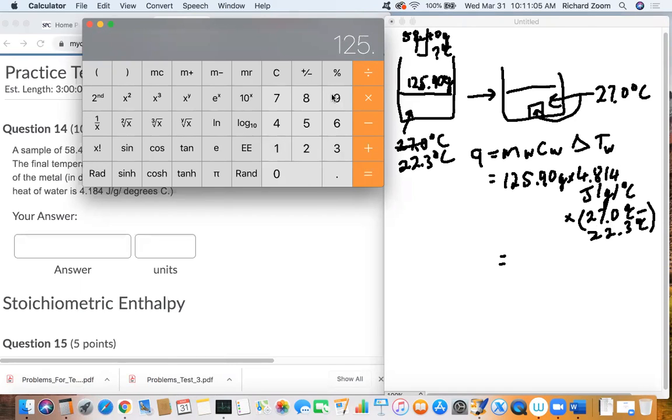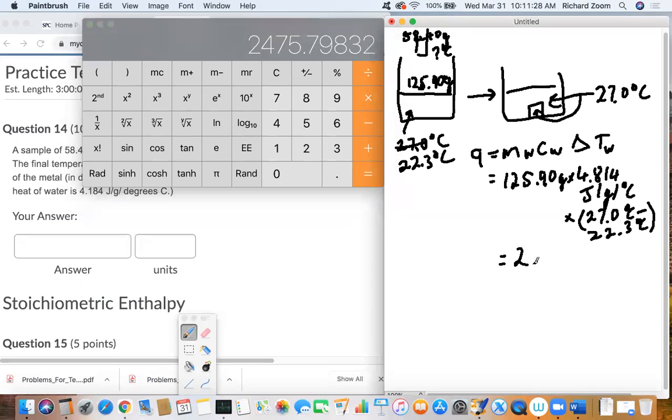125.9 times 4.184 times 27.0 minus 22.3. Okay, so 2476, but we'll go for 2480 in this case, joules.